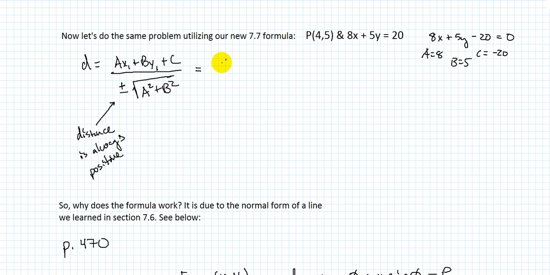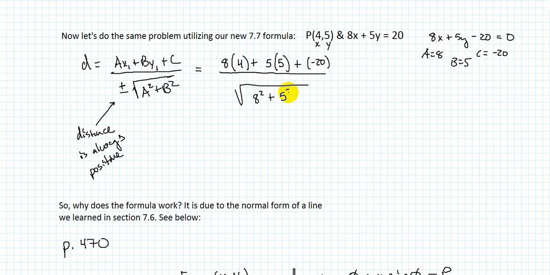And so to solve this, we just go 8 times x1. Here's our x and there's our y. So 8 times 4 plus b, which is 5, times 5 plus c, which is negative 20, all over the square root of a, which is 8 squared, plus b, which is 5 squared.